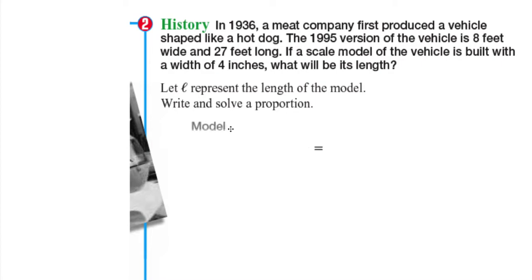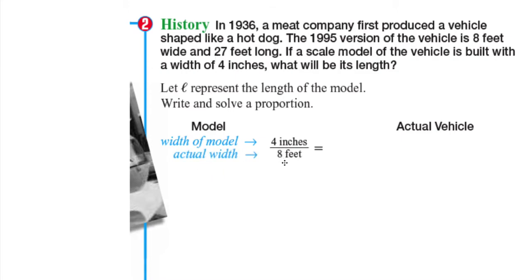So this is our model on the left side of our proportion, and on the right side will be the actual vehicle. We know that the width of the model is 4 inches, it's given, and the actual width of the vehicle is 8 feet. We know also that the actual length of the vehicle is 27 feet, and the length of the model is L inches.